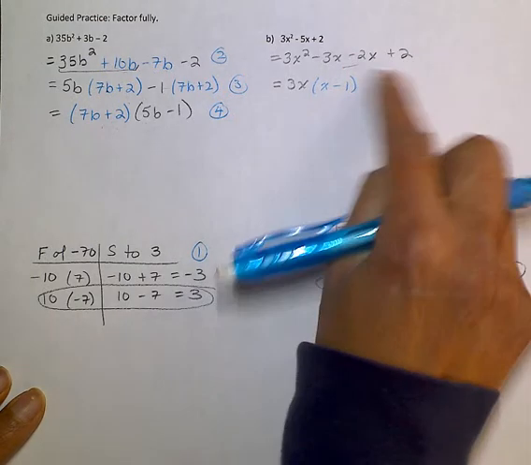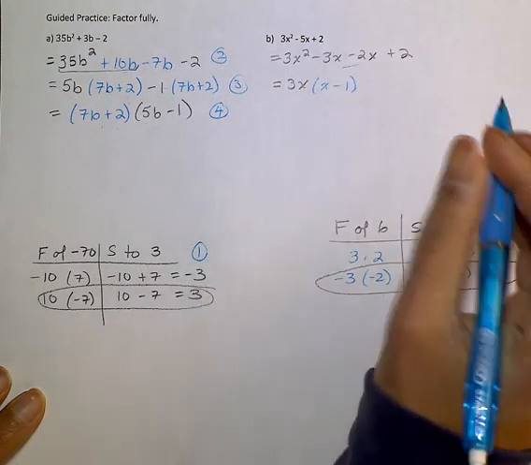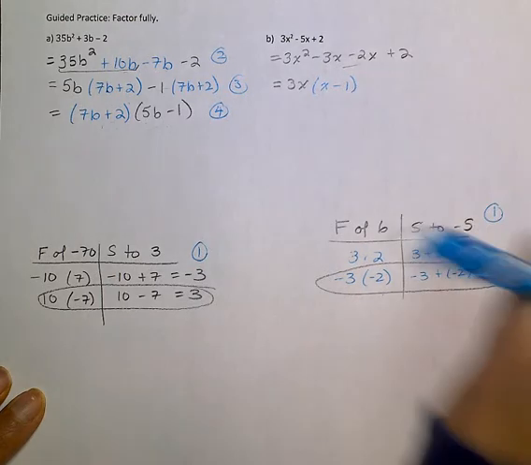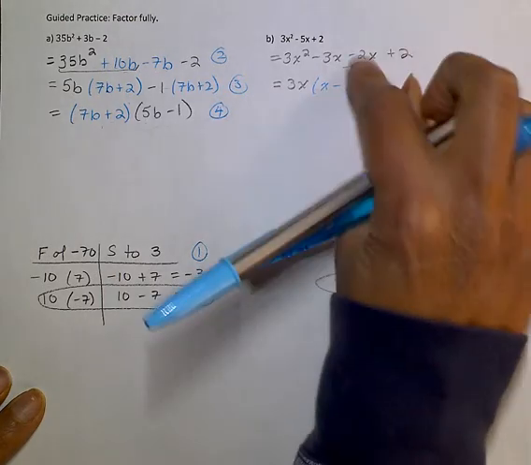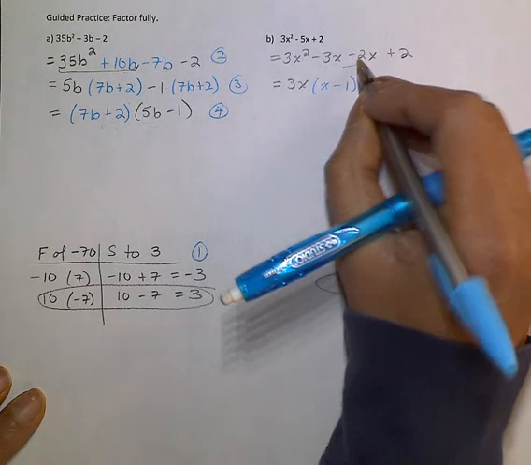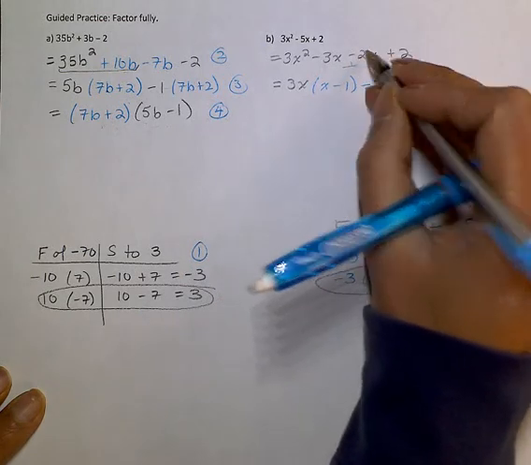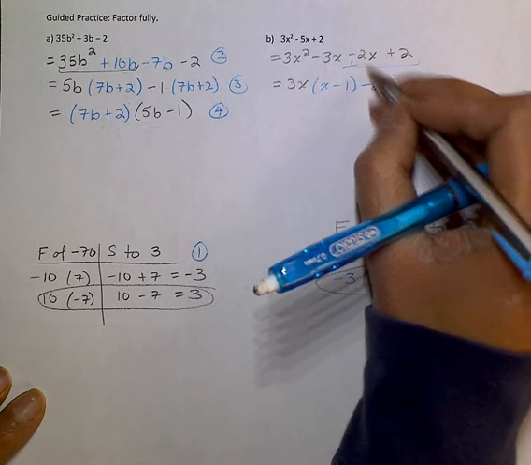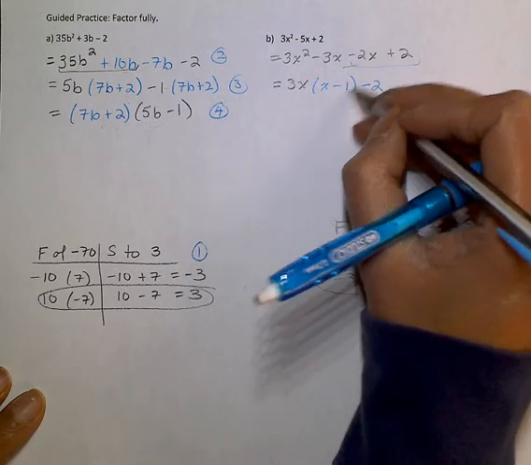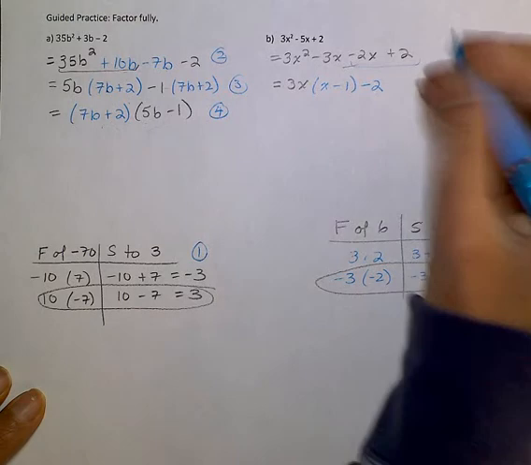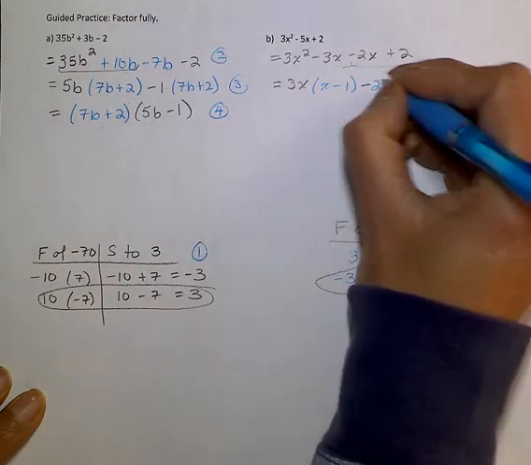My greatest common factor with my next two terms is negative 2. So remember, when this leading coefficient is a negative, because I'm factoring this part, I have to factor out the negative, not the positive. If you factor out a positive 2, your signs aren't going to be exactly the same as the signs in this bracket. Sorry, I'm going to change the colors here.